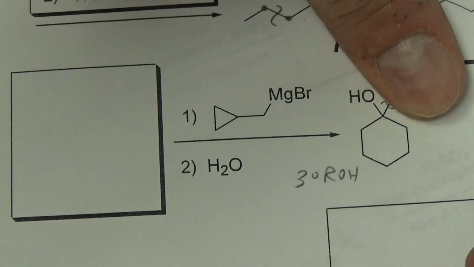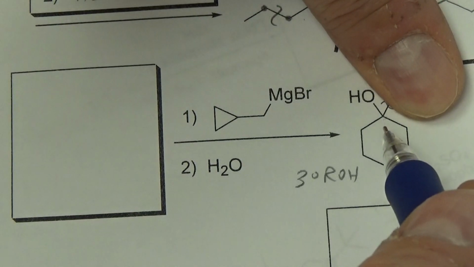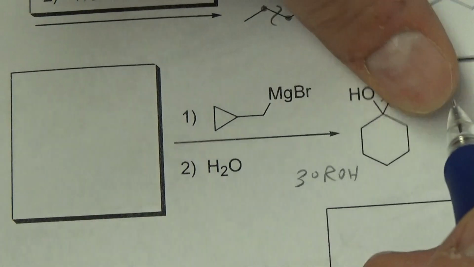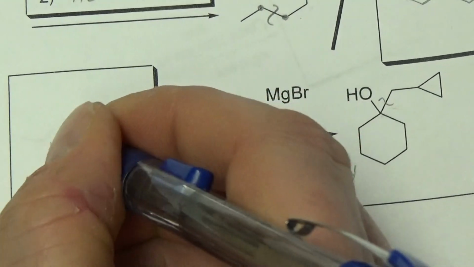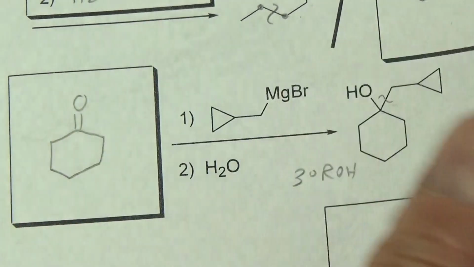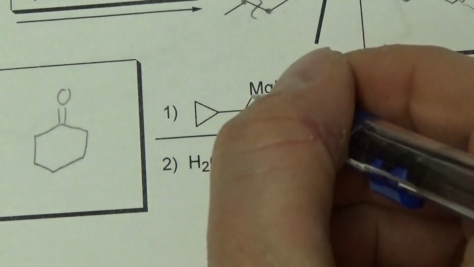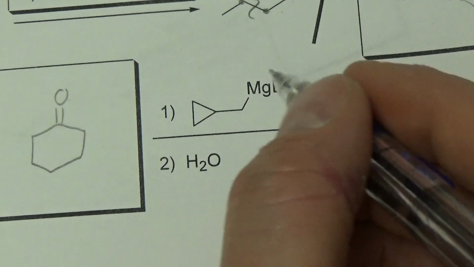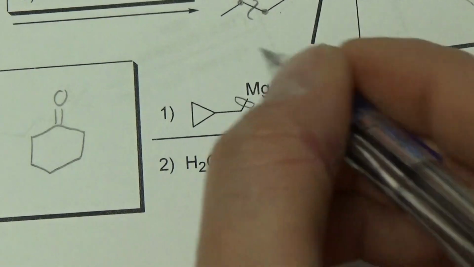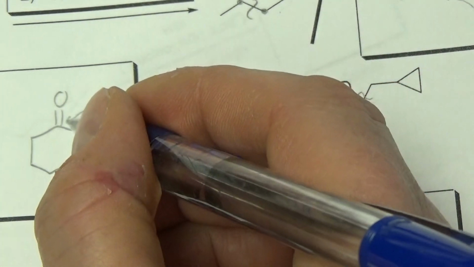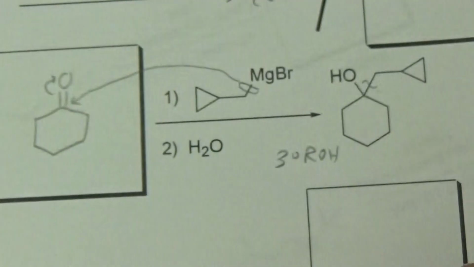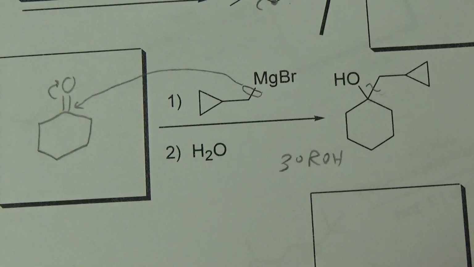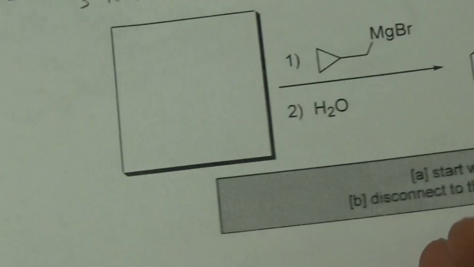Cover up this part, and now you can see that the ketone would be a 6-member ring with a ketone. If we want a mini mechanism, don't draw that bond attack, it's this bond. It's the carbon-magnesium bond. And that would make that tertiary alcohol.